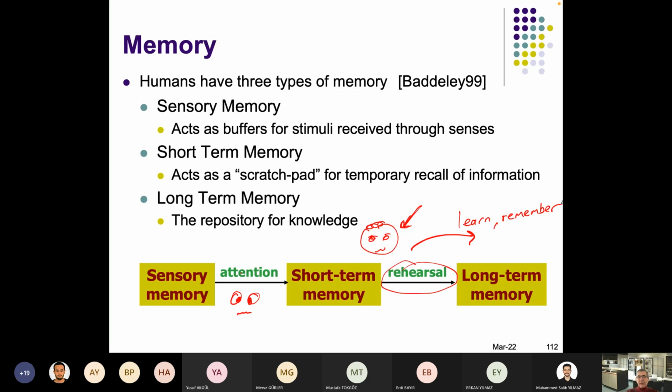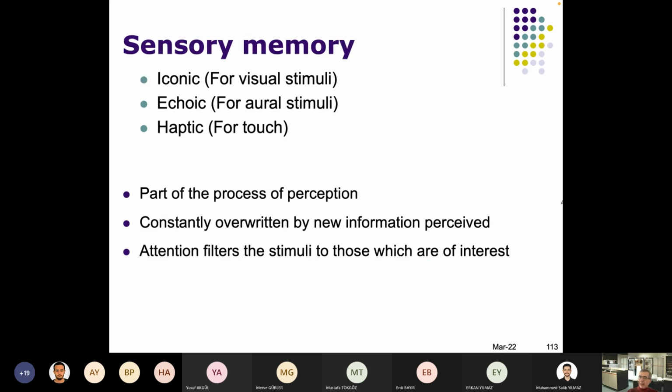So how these are playing an important role in designing user interfaces, that's what we are going to discuss. First one is the sensory memory.